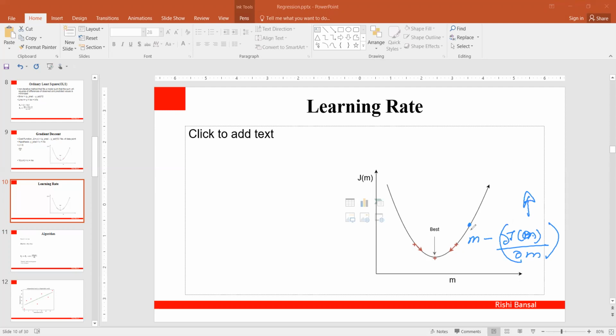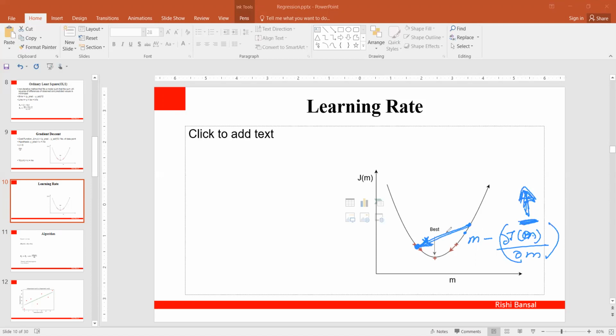What you are subtracting from m is very big. So instead of coming to this point, you may directly come to this other point. There's a possibility. If the term is very big, you will come directly here.